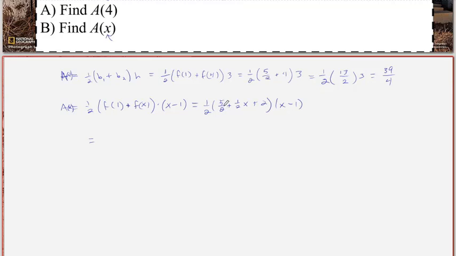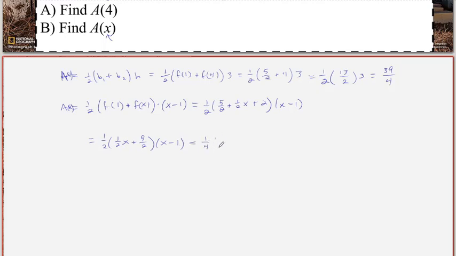Alright, let's simplify things a little bit. I can add the 5/2 plus 2 to get 9/2. So that is 1/2 x plus 9/2, times x minus 1. And maybe I don't like fractions in there, so let's pull a 1/2 out.